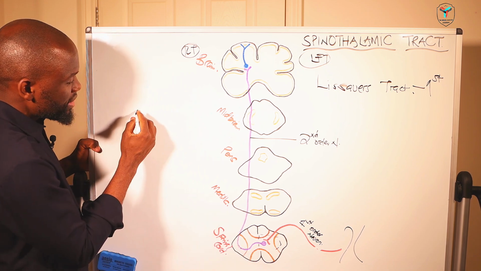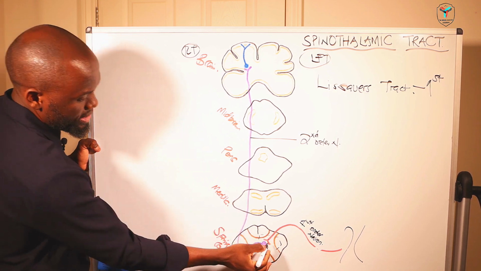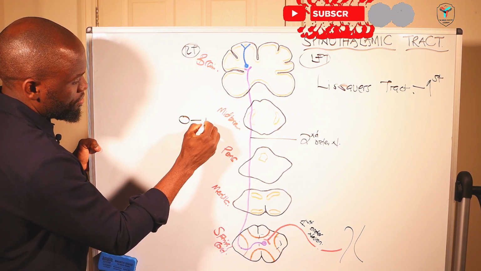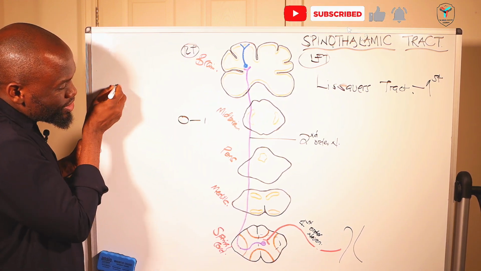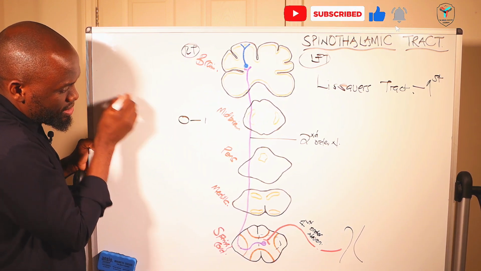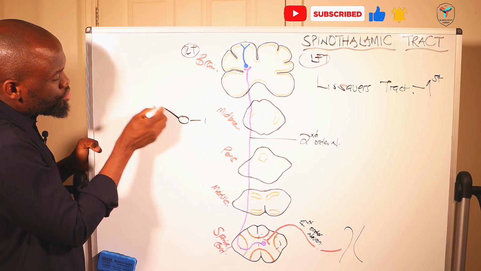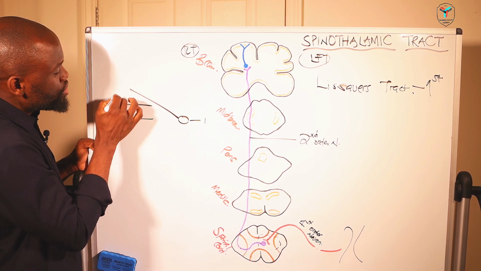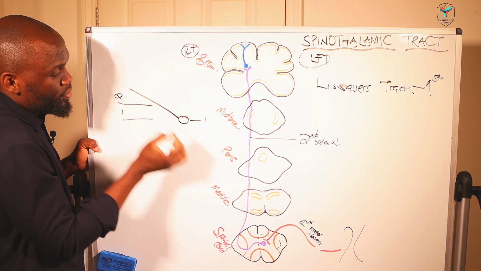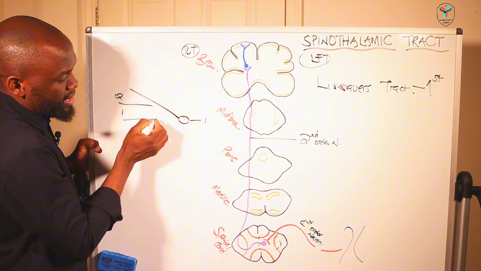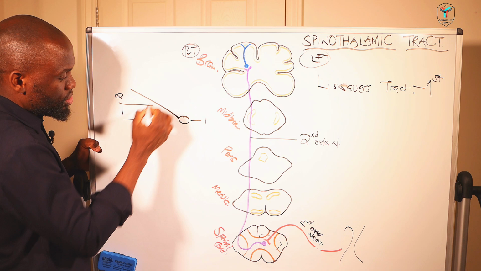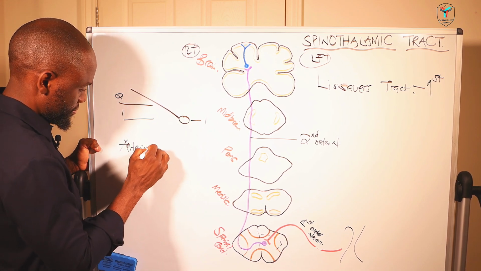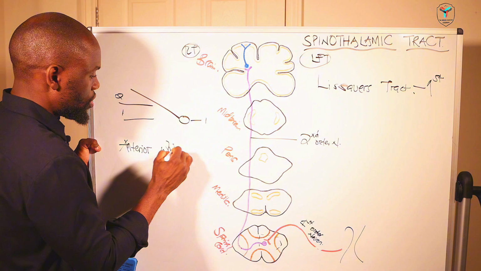And when it is moving to the contralateral side, you will notice that it entered at, say, level 1. When it moves to the contralateral side, it moves at least 2 steps above. So it will move at least 2 levels above the point of entry. And when it is crossing over, it crosses what we call the anterior white commissure.